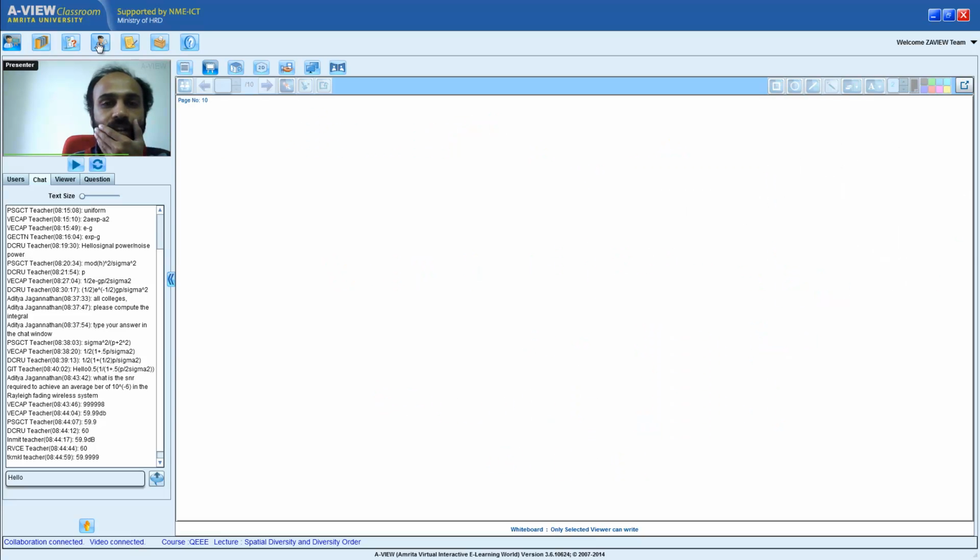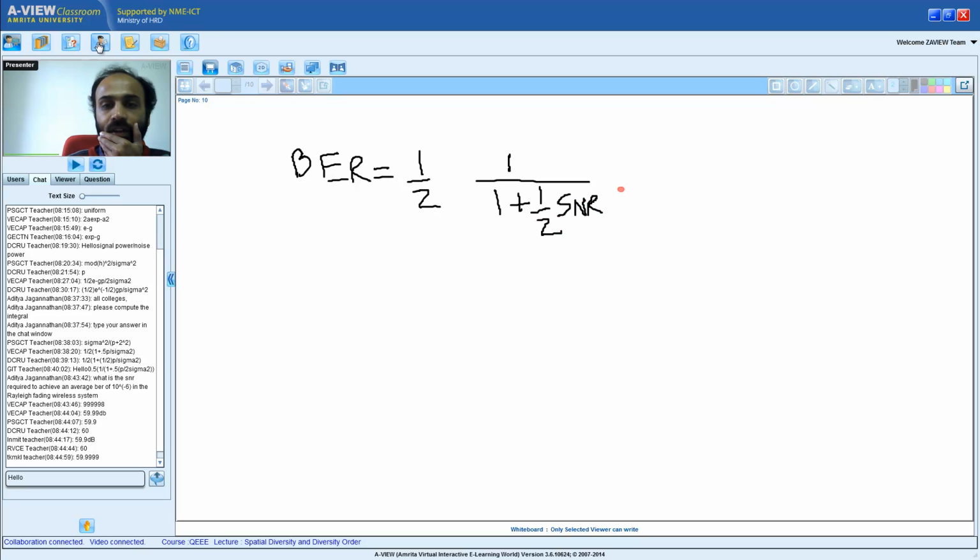Alright, everyone can see that. Let me write that simplification again. At high SNR, BER equals half times 1 over 1 plus half SNR, which is approximately equal to half times 1 over half SNR at high SNR, which is equal to 1 over SNR.